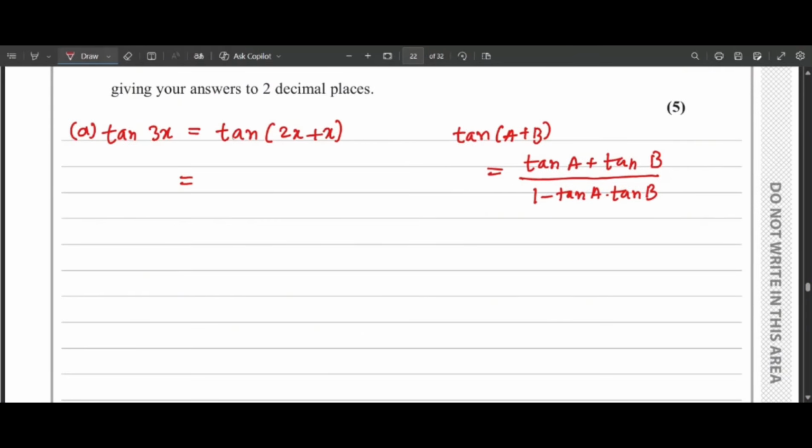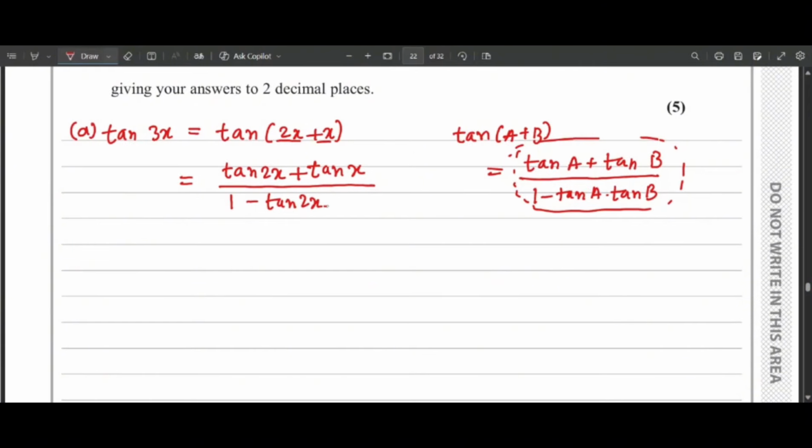So we can write tan 2x plus x and express it using this form. In this expression, 2x will be a and x will be b. So tan 2x plus x is equal to tan 2x plus tan x divided by 1 minus tan 2x into tan x.